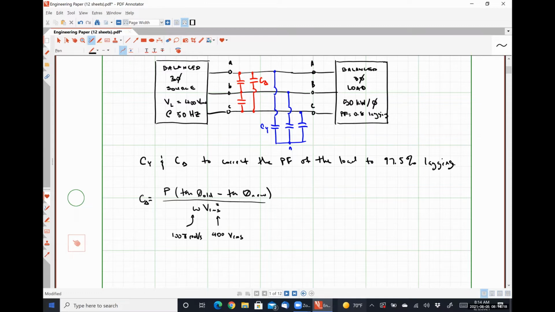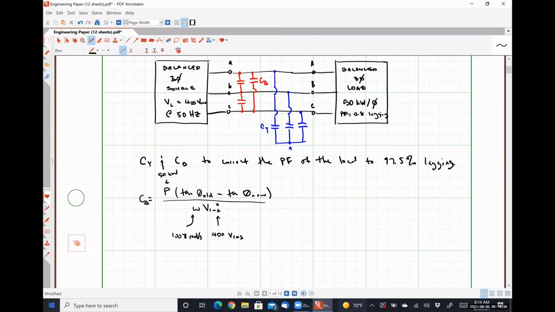So we absolutely need our average power on a per phase basis, which is exactly why I gave it to you like that. So P is 50 kilowatts.